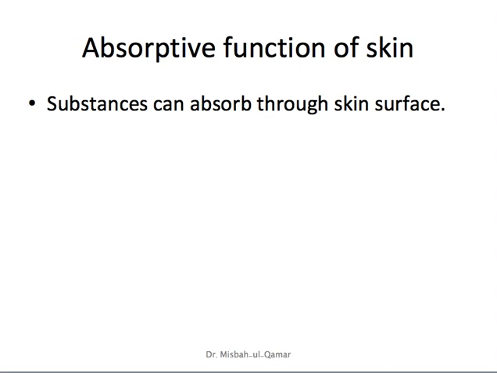Systemic effects are produced if massive amounts of these chemicals are absorbed through skin, and this could be life threatening also. So these were some of the important functions of skin as a protective covering, the synthetic and absorptive functions, and also skin's role in temperature regulation.